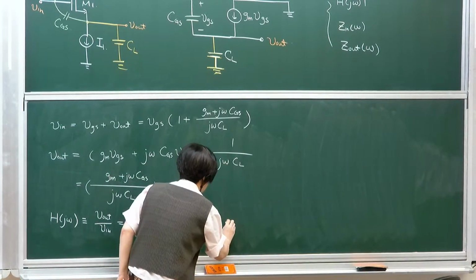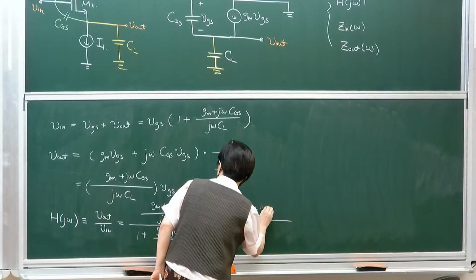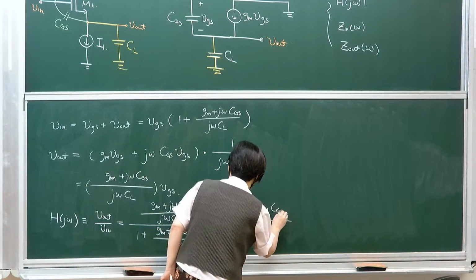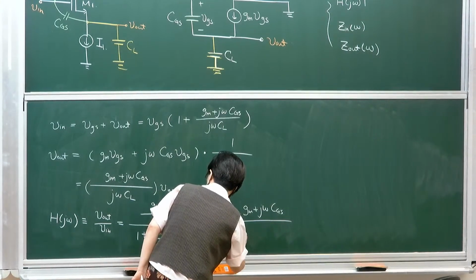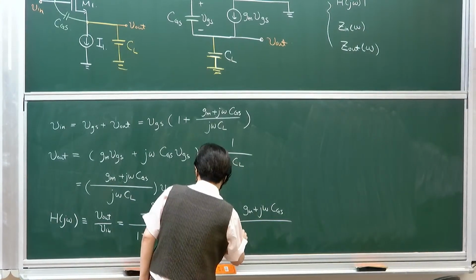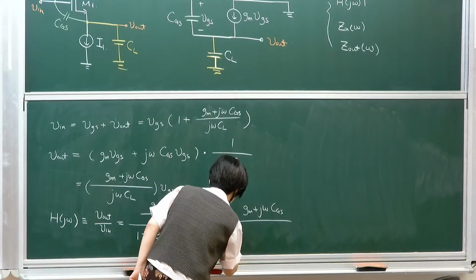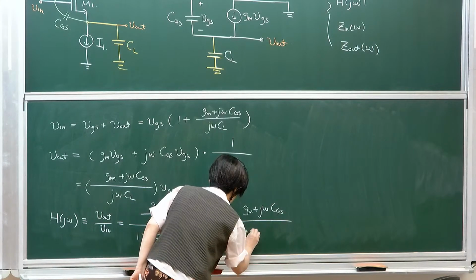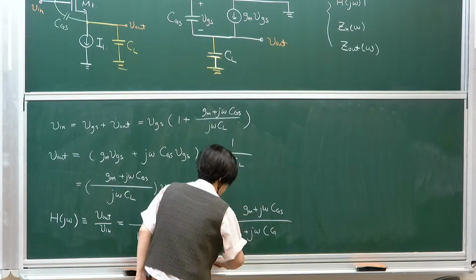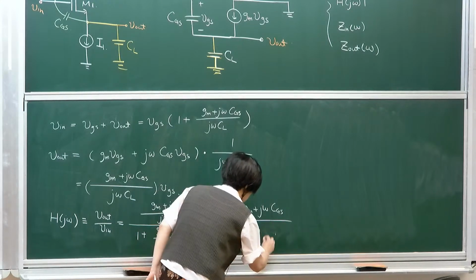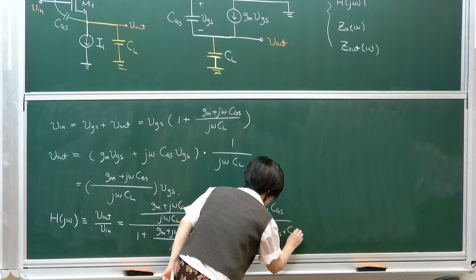So this becomes gm plus j omega CGS in the numerator, and the denominator will be gm plus j omega, let me be precise, (CGS plus C load).